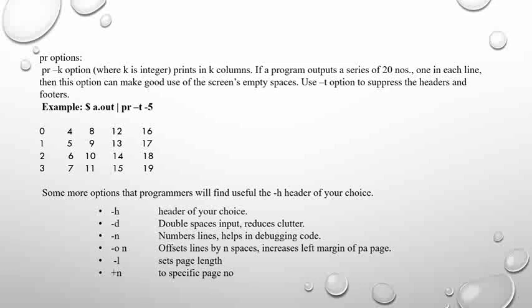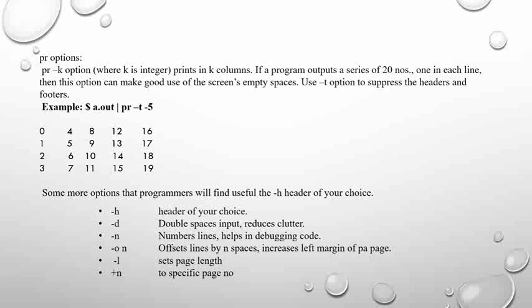Now see the output, which is a series of numbers, and they are separated into 5 columns. They are separated by a delimiter, and how many columns have I used as an option? 5. So this is an example you can see.